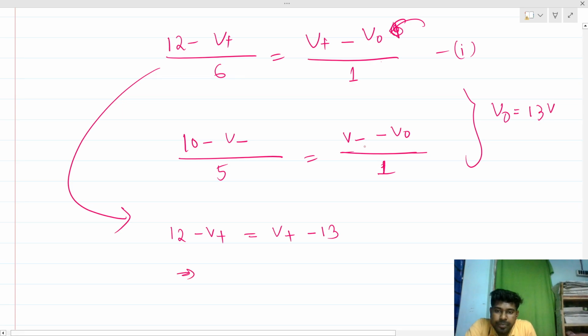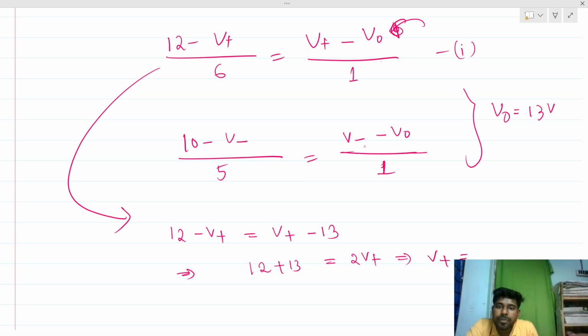So this will be 12 plus 13 equal to 2V plus, right? Now V plus will be equal to 12.5 volt. Okay, yes, 12.5 volt.